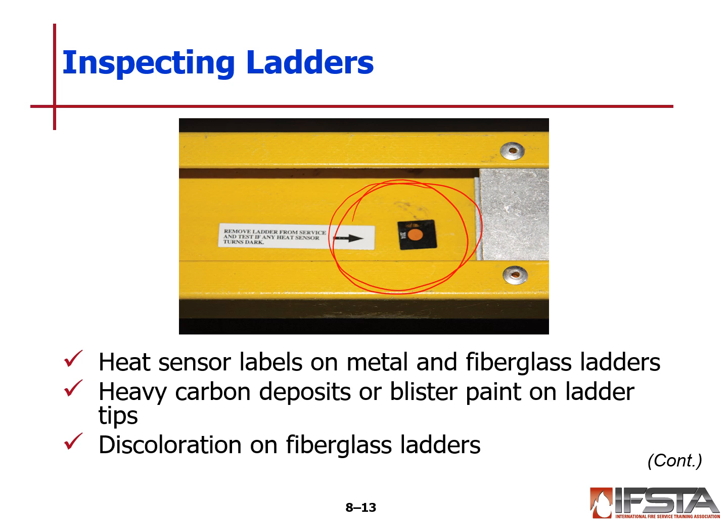And anytime we see discoloration on fiberglass ladders as well, we know it has been exposed to a good amount of heat. So when your labels change, or when you blister paint, or when you discolor fiberglass, those are all signs that we've exposed it to too much heat.